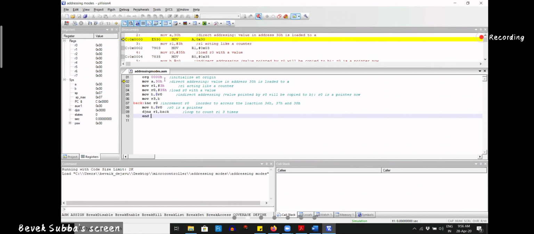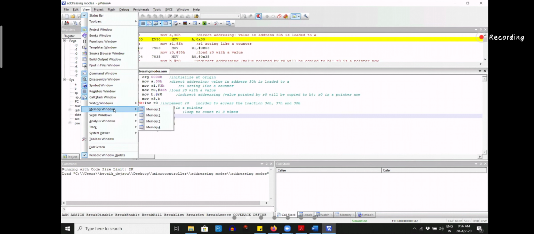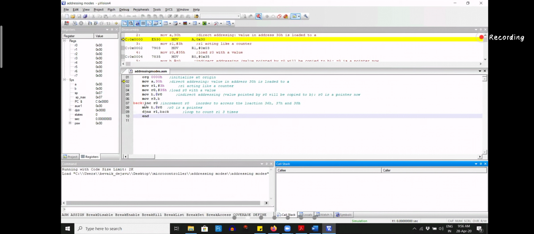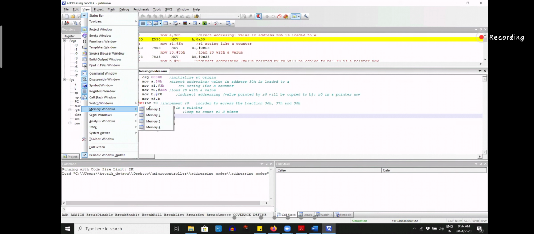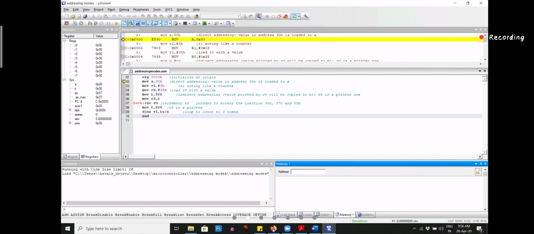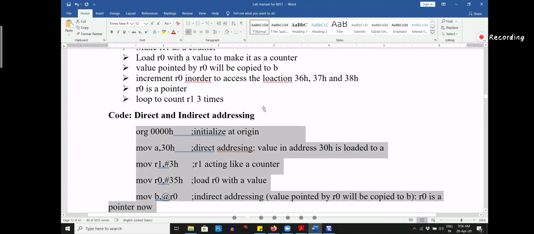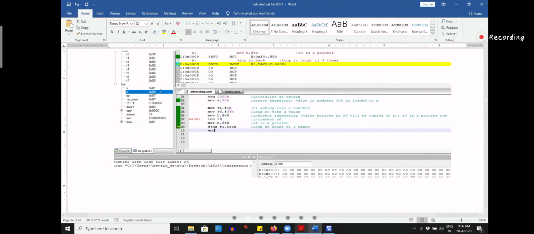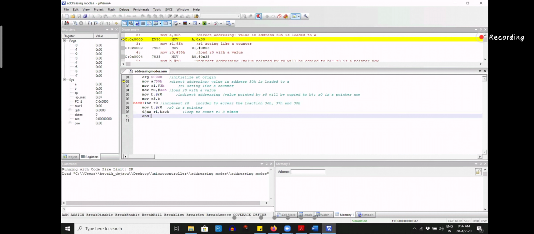So in order to go to the 30h location, open the View, Memory Window, Memory 1. Since this is a data memory, and I told you last time the difference between data memory and code memory and how they are used, how do you go to data memory?